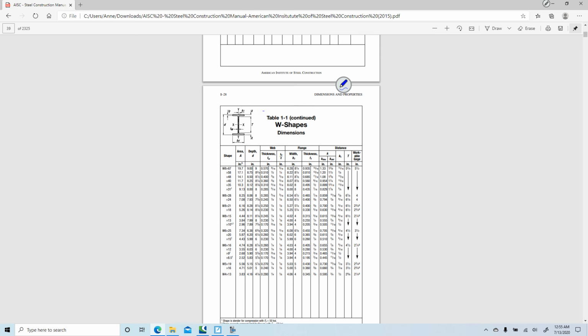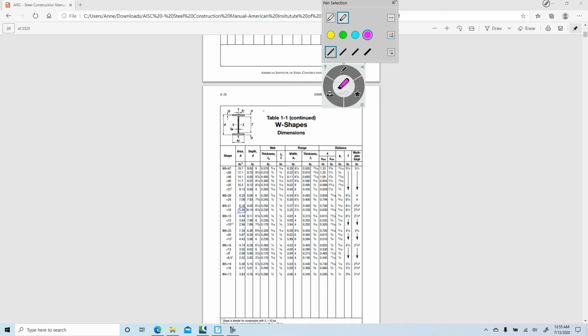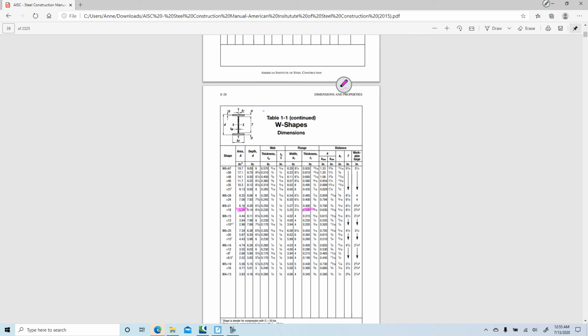W8x18 has a gross cross-sectional area of 5.26. And I wonder if I should use the highlighter. That might be nice. Let's see. 5.26 and a flange thickness of 0.330.